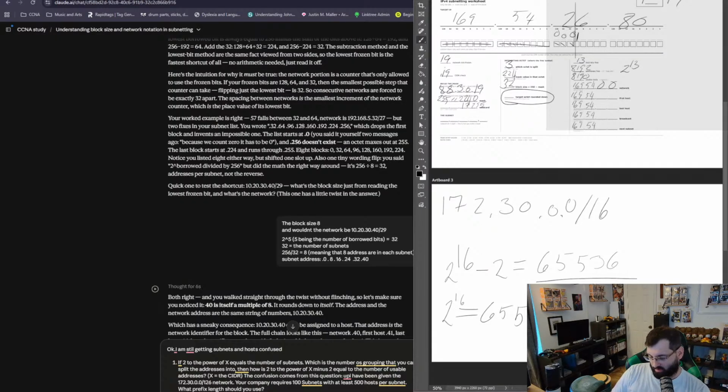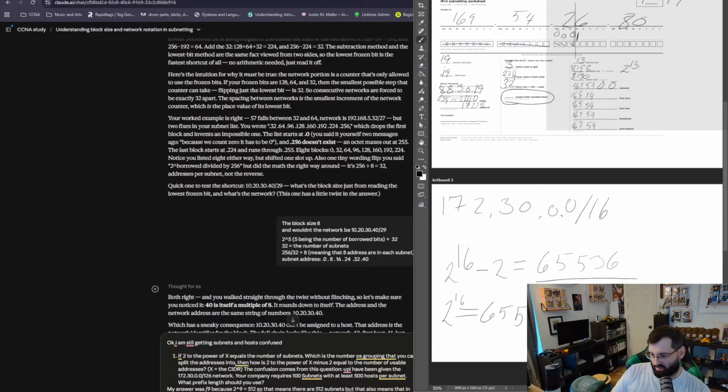Because the block size is the amount of addresses in each subnet, and you get that by 256 divided by 512 equals 2.